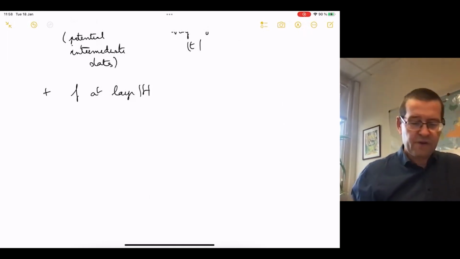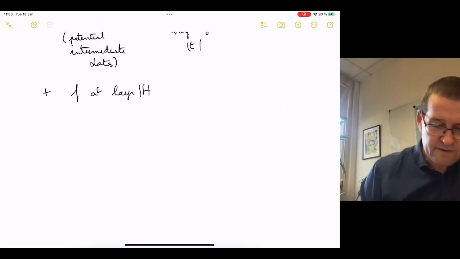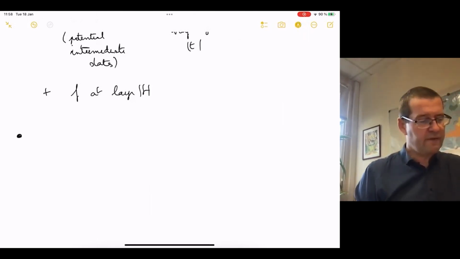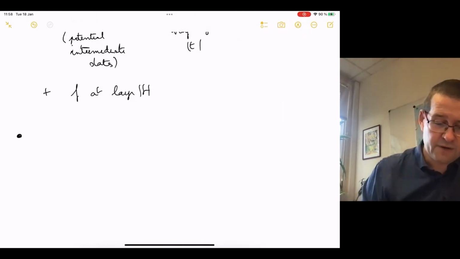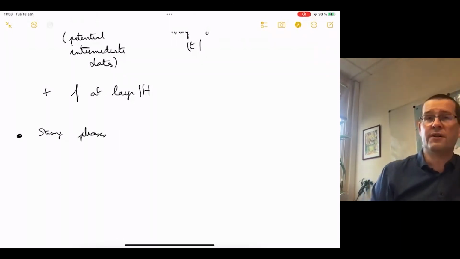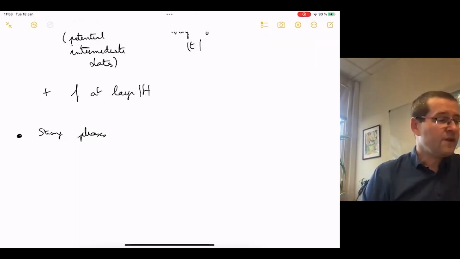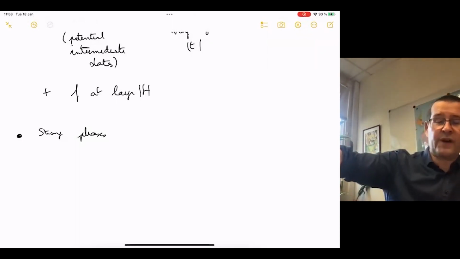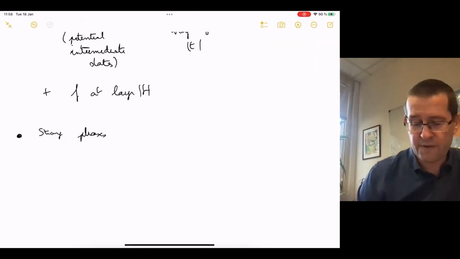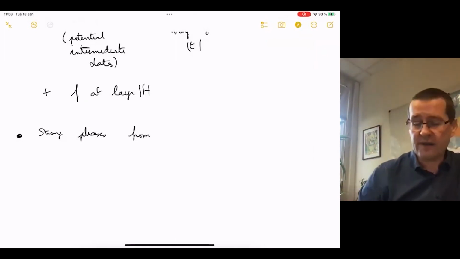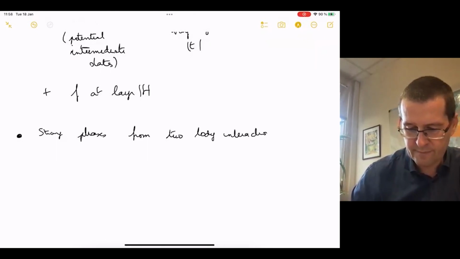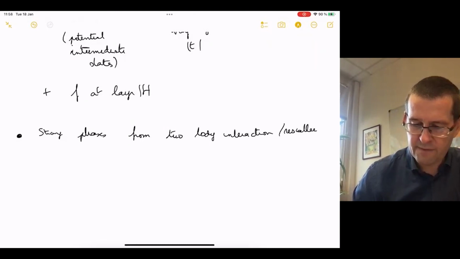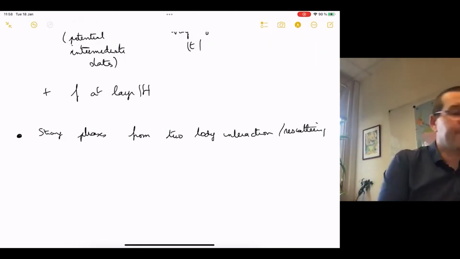Okay. So the last element that I wanted to advertise at this stage is that you have phases that come from the strong interaction, which we've discussed in a very particular region of the form factors. In general, when you have rescattering, two-body interactions, you will have strong phases.